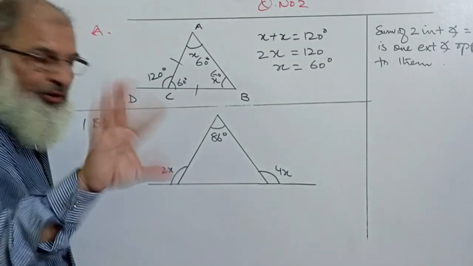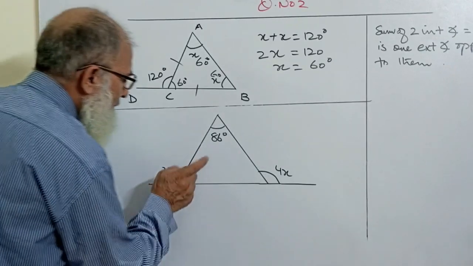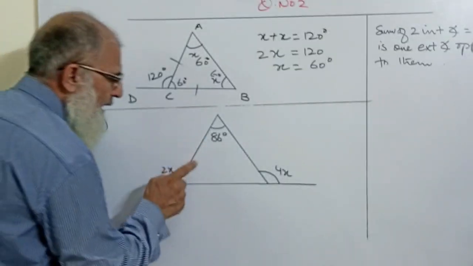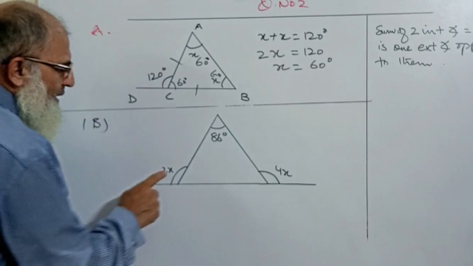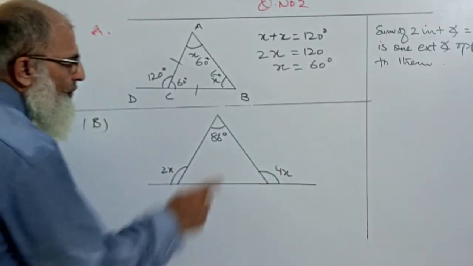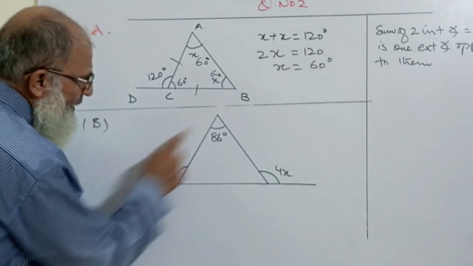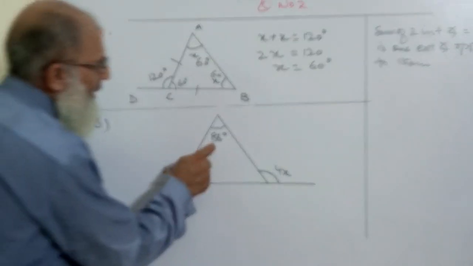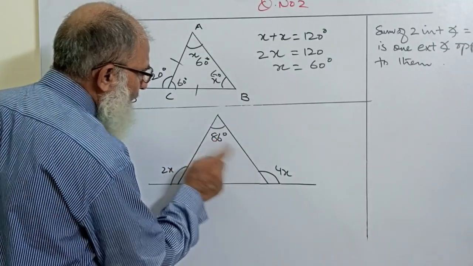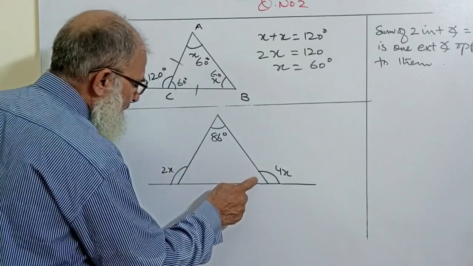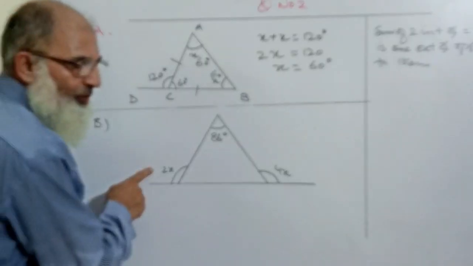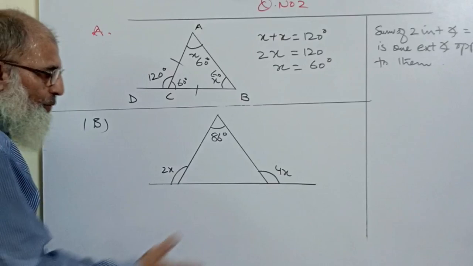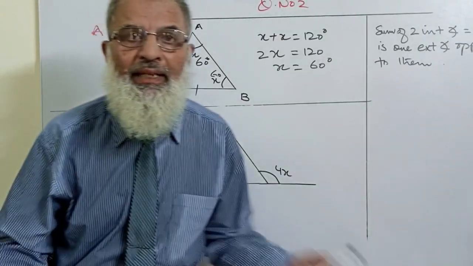This is unknown. We don't know, even a variable is not given over here. Okay, for this 2x, these are the two interior angles for one exterior angle. So we are not given anything.